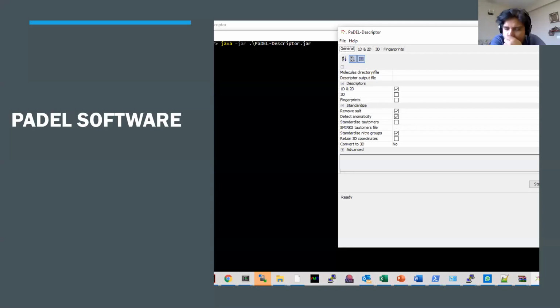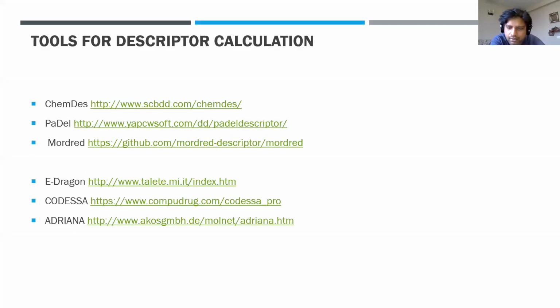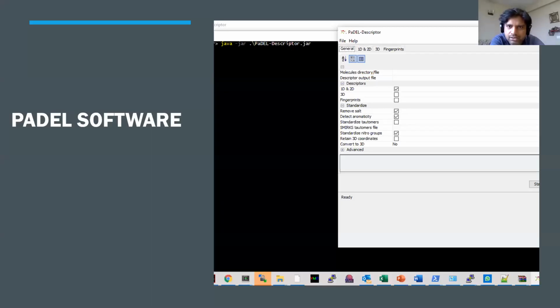In the hands-on, I'm just pasting a few snapshots here. This is one of the tools, PaDEL, if you remember. PaDEL is a molecular descriptor calculator. Here you just have to upload your molecule file and the output file, and you can calculate 1D, 2D descriptors very easily.